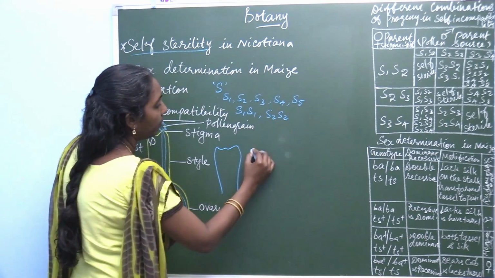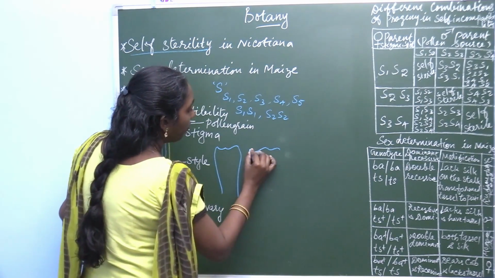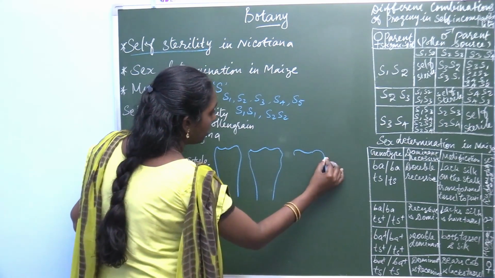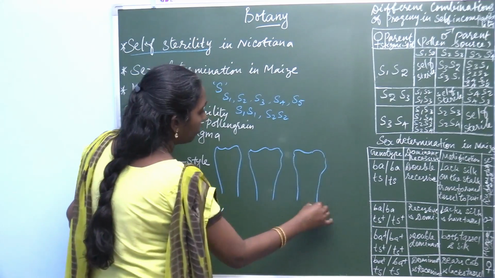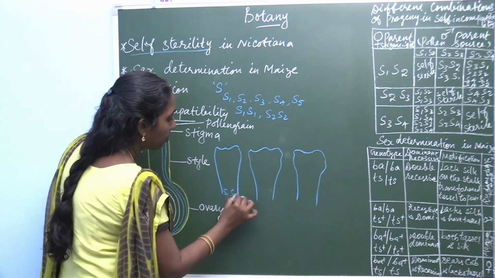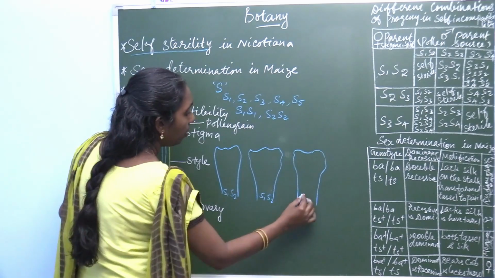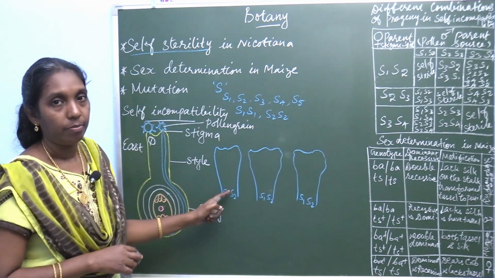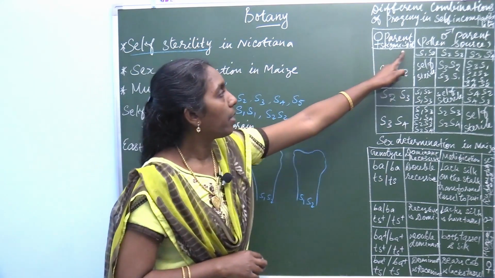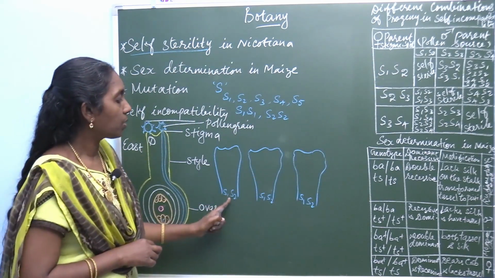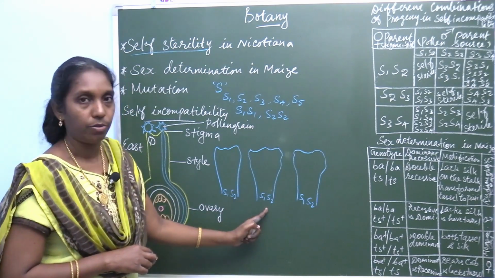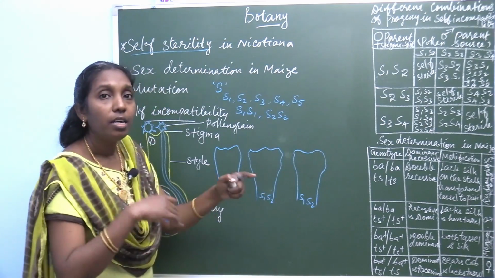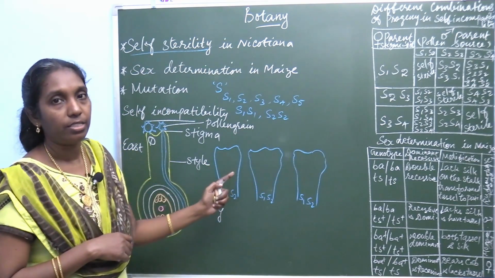The stigmatic surface, or the female, is selected as S1 S2, and crosses are made.